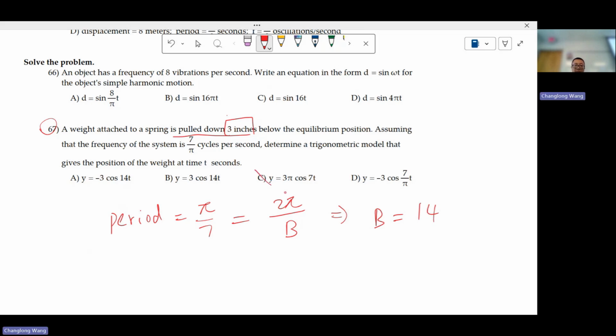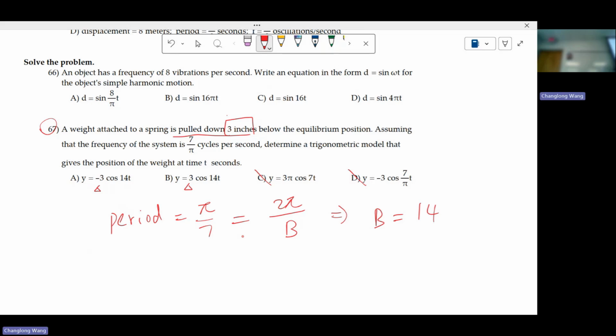So now you rule out b, c and d, but unfortunately you have a and b, and they're so close. Then should you pick a negative number in front of the cosine of a positive number? Why is it negative? It's pulled down. The reason it gets you negative is because you take t to be 0, the initial moment, and realize that cosine 0 is 1.